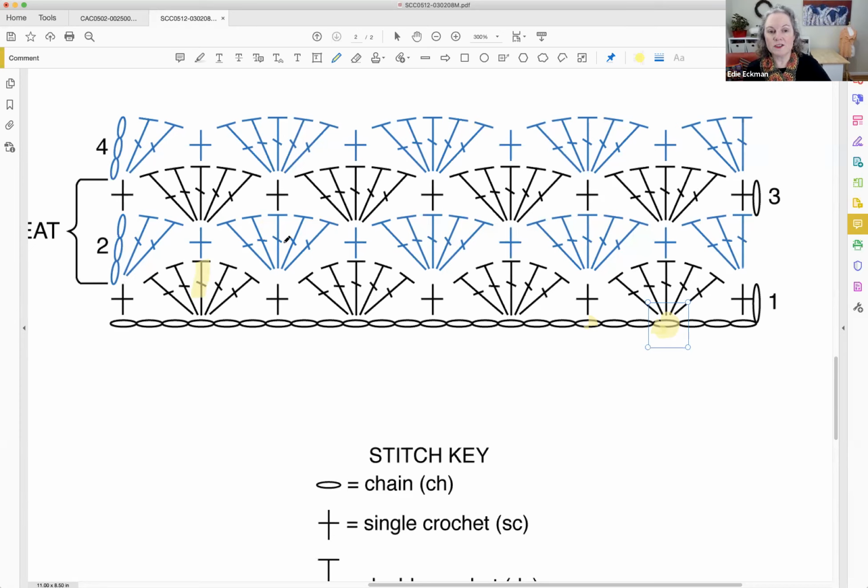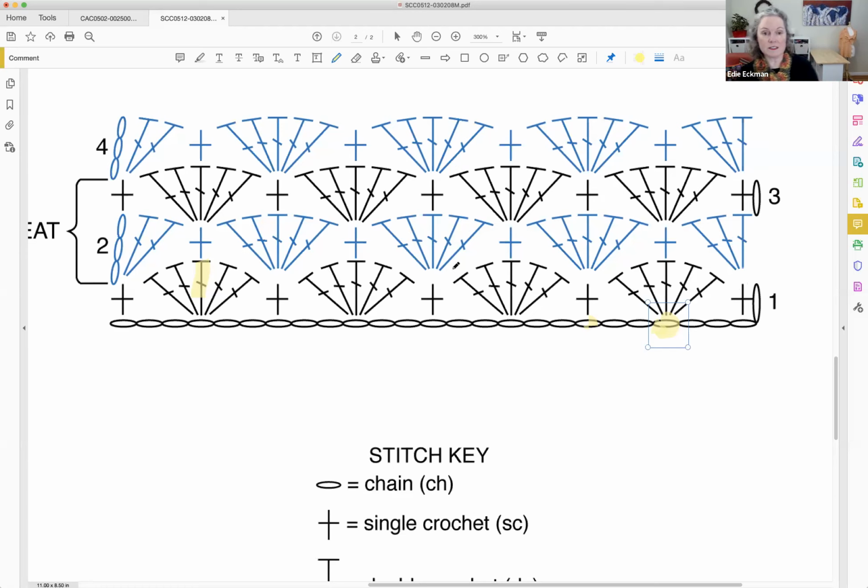And then my next shell set of 5 double crochets goes right here into that single crochet. You can really, really see where each of these goes. And when I turn, it ends with 3 double crochets in that last single crochet. When I turn, do a chain 1 to get up here to the beginning of row 3. The first single crochet goes in that first double crochet, and then I put a shell in the single crochet. So I'm working back, forth, back, forth.